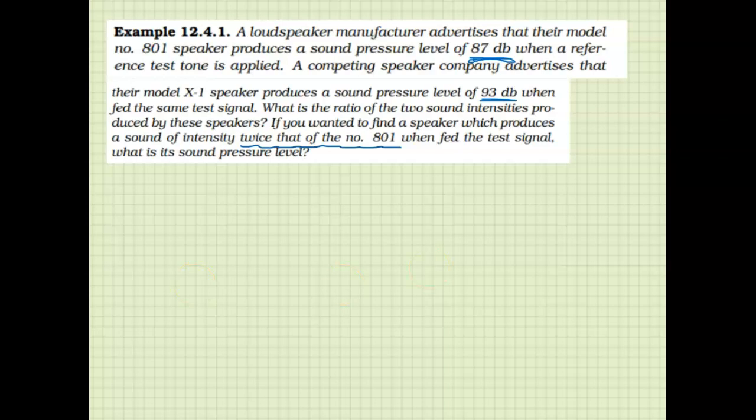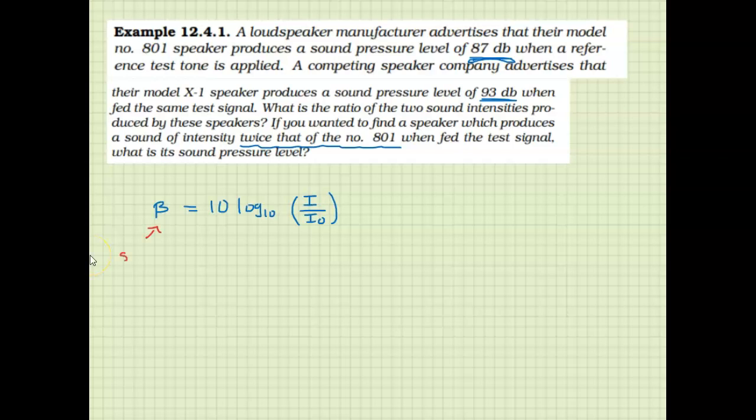All right, so we need a basic equation. The equation for sound intensity: the sound pressure level, beta, is equal to 10 log base 10 of I divided by I0. Okay, so let's unpack this a little bit. This is the decibels.